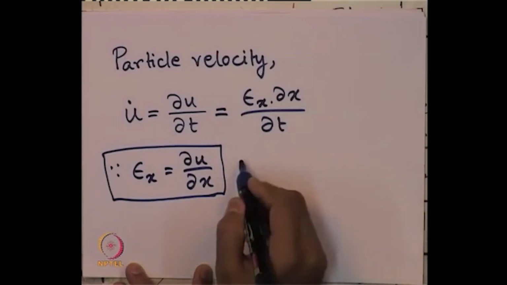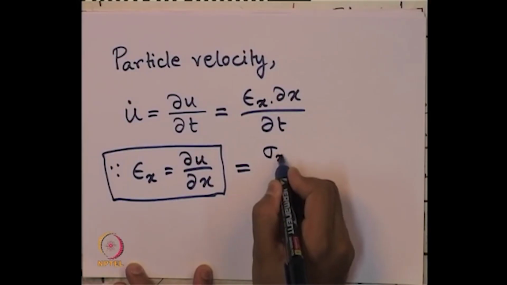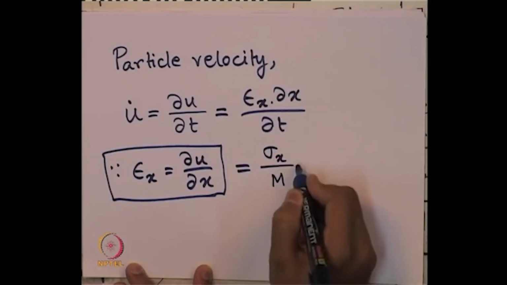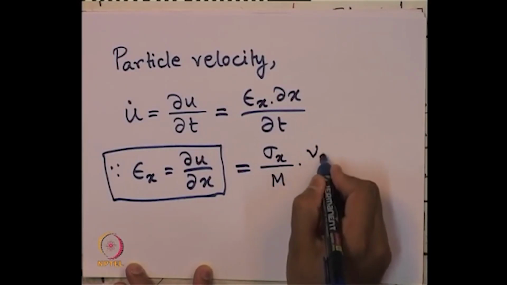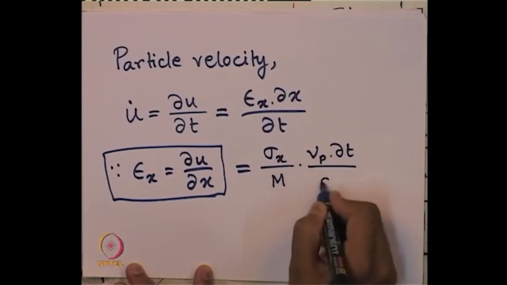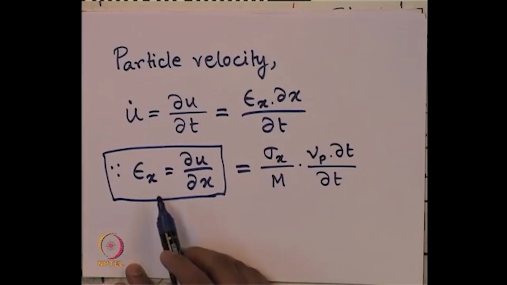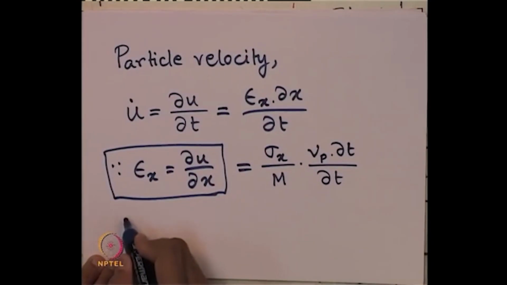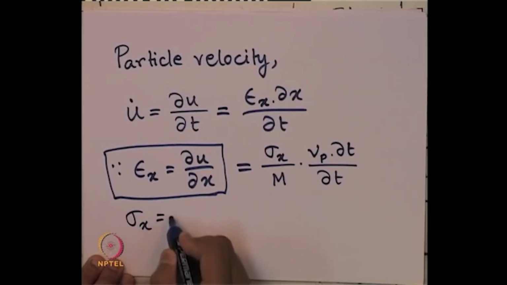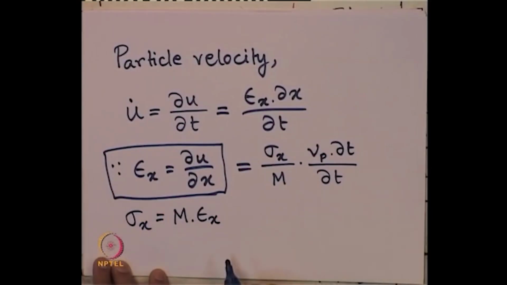On further simplification, what can I write? I can write sigma x by M times V p into del t by del t. How am I able to further simplify it? Because I know the stress strain relationship. What is the stress strain relationship? Sigma x is connected through M times epsilon x, right?